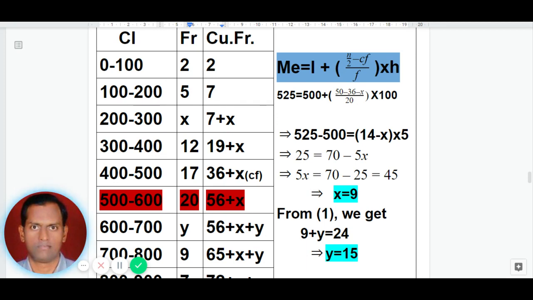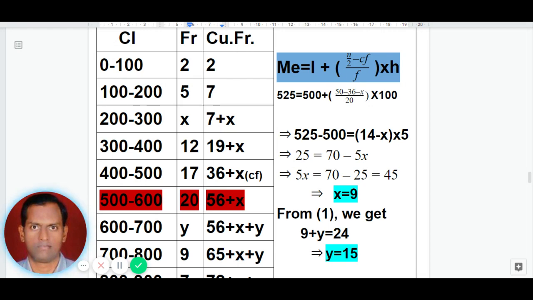By bringing 500 to the left side, it is 525 minus 500 is equal to, by simplification, we get 14 minus x into 5. It is 25 is equal to 5 into 14, 70 minus 5x. Now 5x is equal to 70 minus 25 is equal to 45.